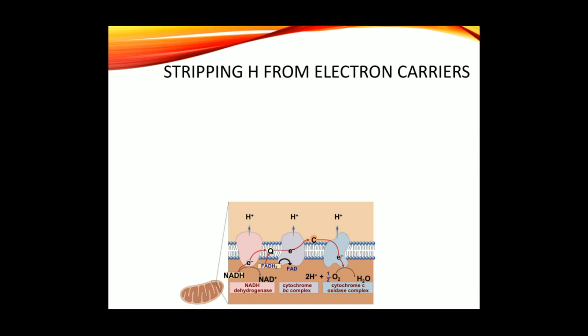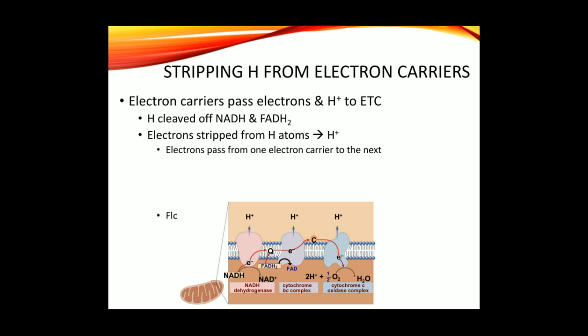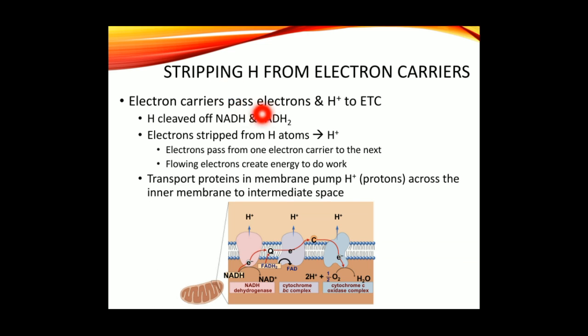Now let's see the stripping of H from electron carriers. As we have already mentioned, electron carriers pass electrons and H plus to the ETC. H is cleaved off NADH and FADH2, as I have already mentioned. Now, the H atoms stripped of electrons are called H plus or protons. Electrons pass from one electron carrier to the next, and flowing electrons create energy to do work.